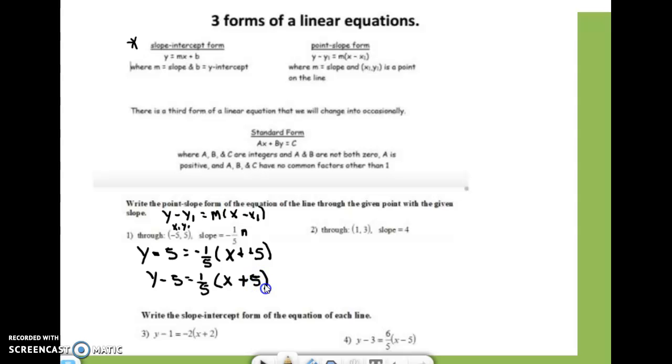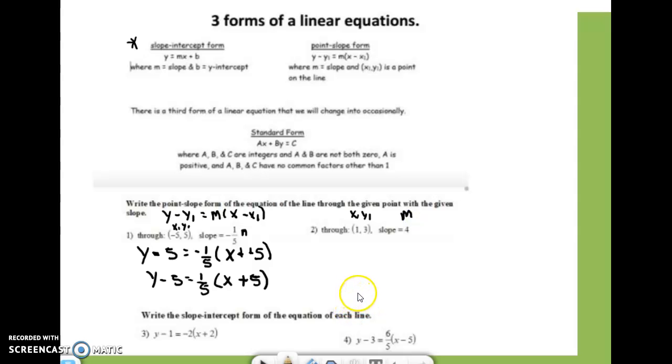Okay? And you're done if they want you to leave it in the point-slope form. So let's look at the next one. There's your x1, there's your y1, and there is your m.